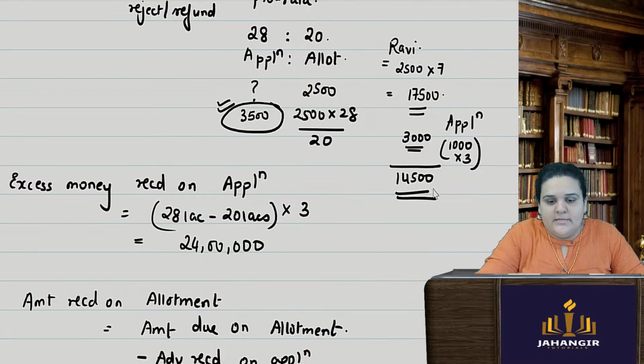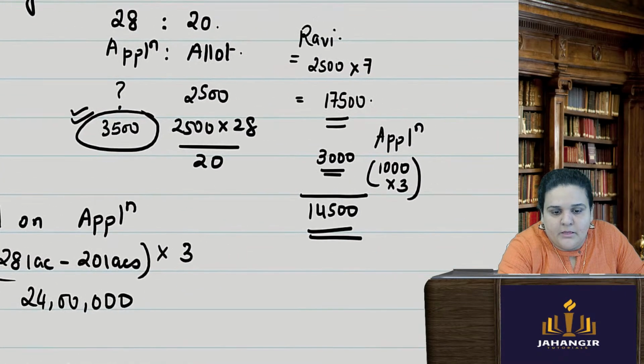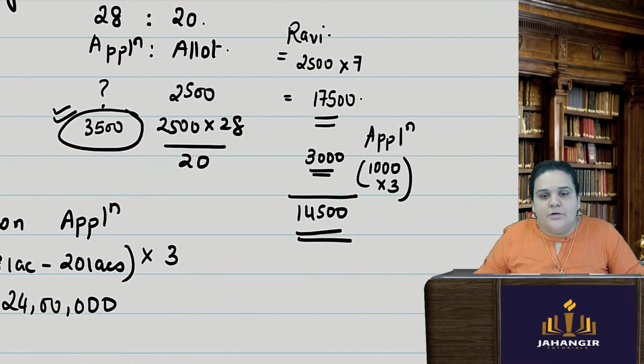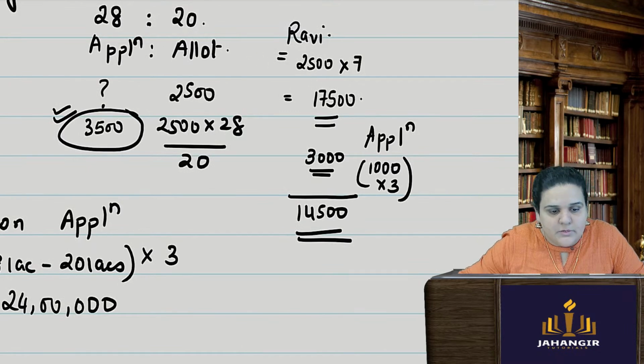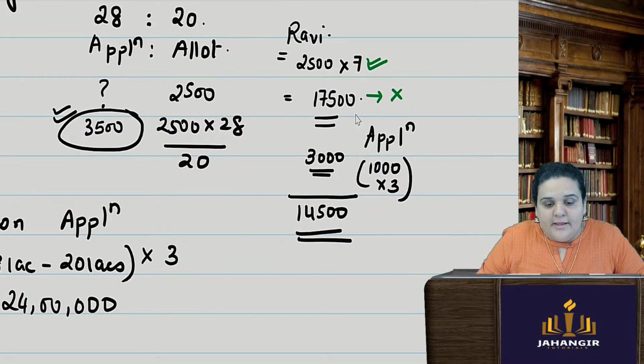Once again, I am explaining. Mr. Ravi is allotted 2,500 shares. So he has to pay me on allotment 2,500 into 7, 17,500, which he did not pay. I have to put that as calls in arrears.